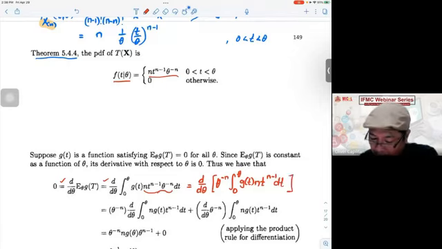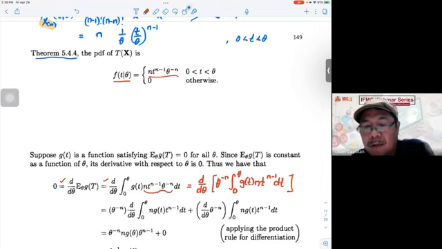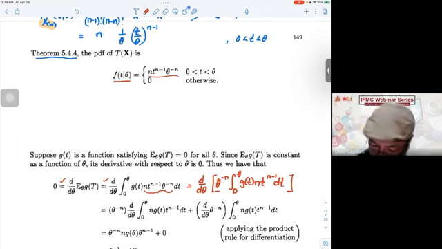So the derivative of the product with respect to theta: the derivative of the product fg is f times g prime plus g times f prime. This is our f, and this is our function g.